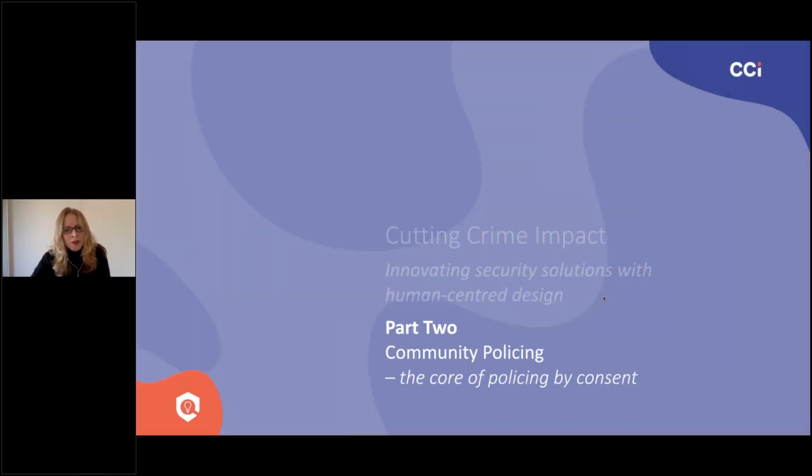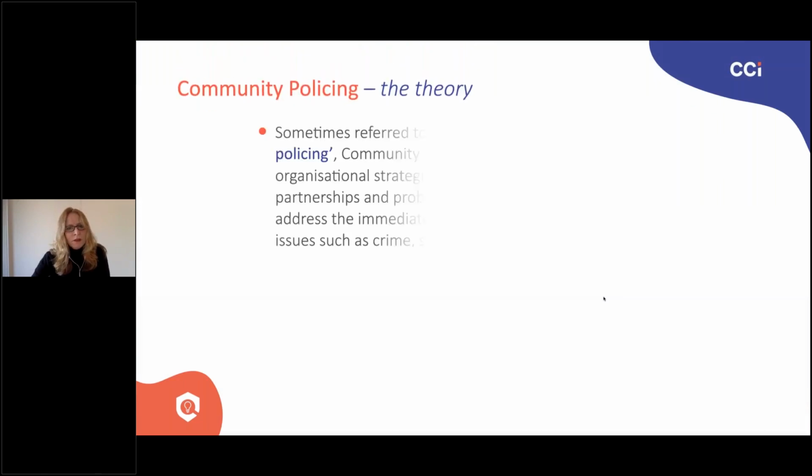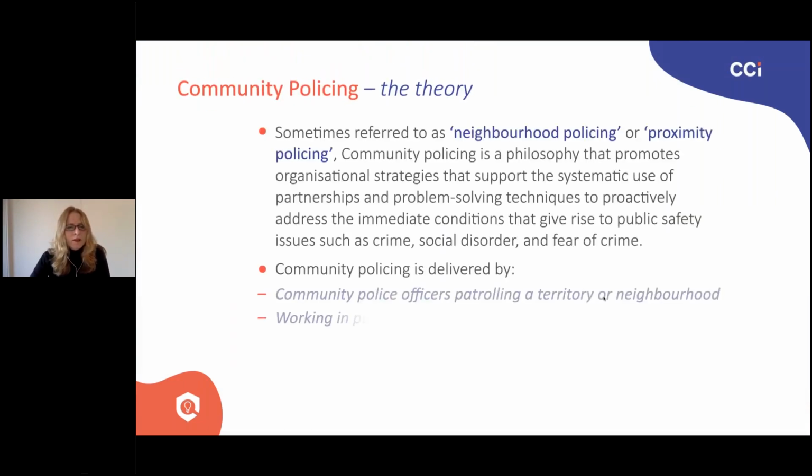So moving on to part 2, community policing, which is at the core of policing by consent. We'd like to talk a little bit about the theory or the background to community policing. Community policing is a philosophy that promotes organisational strategies that support partnership working and problem solving.